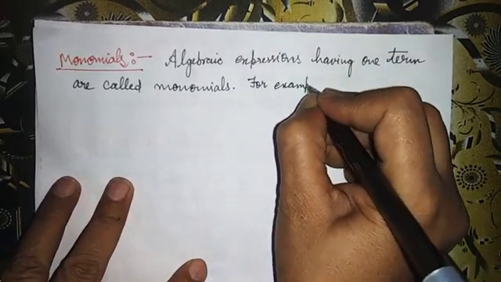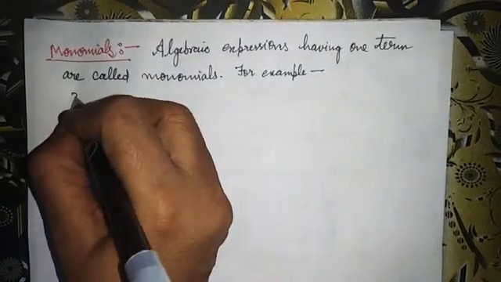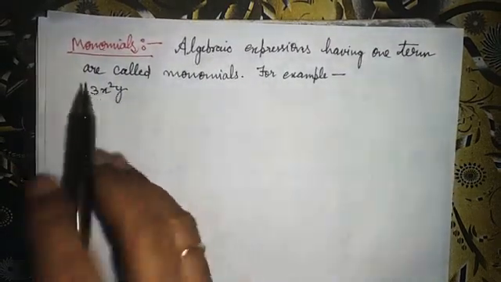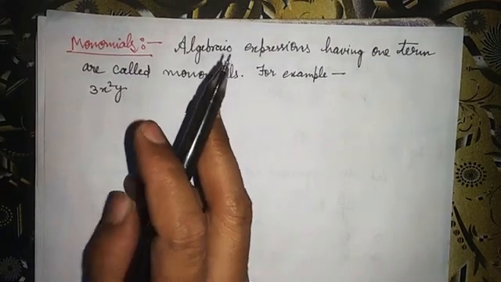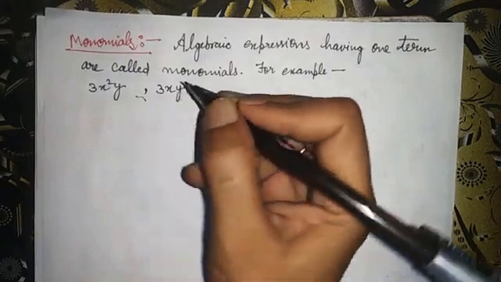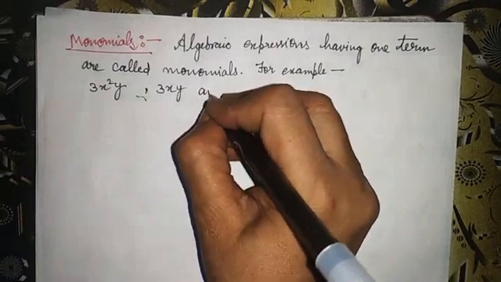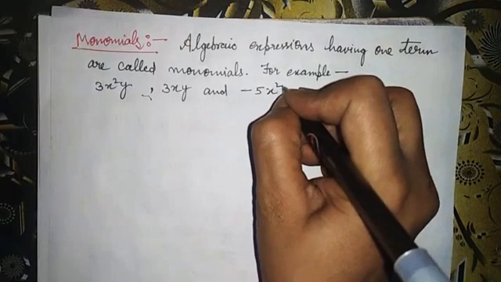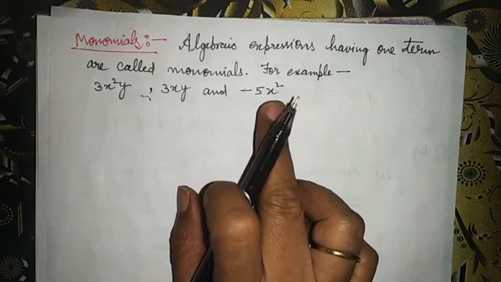For example, 3x square y. In this expression you can see only one term, so you can say it's a monomial. 3xy is also a monomial, and minus 5x square is also a monomial.